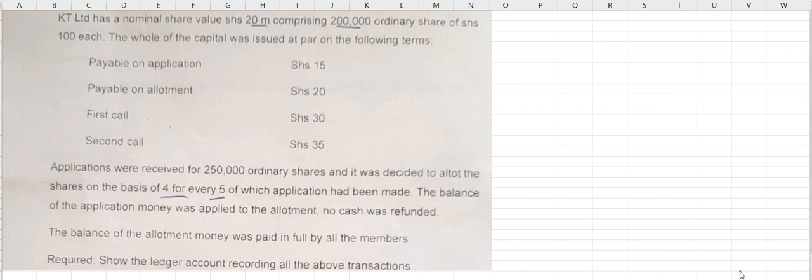Illustrate how to accurately record these transactions in the ledger accounts, and by the end of this session you will have a clear understanding of the journal entries and the key accounts involved in managing share applications, allotments, and calls, including how to handle excess application money.